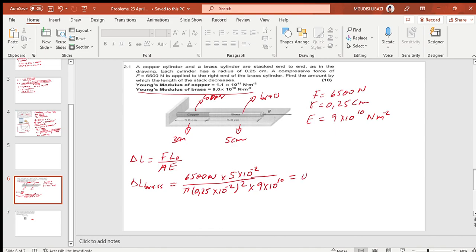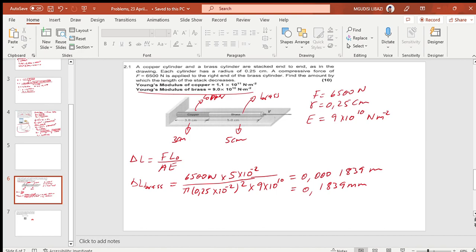And then what I get is 0.0001839 meters, which, if we multiply by 1000, is 0.1839 millimeters. So that's the change in length for brass.